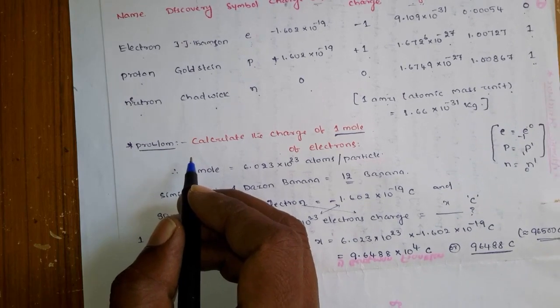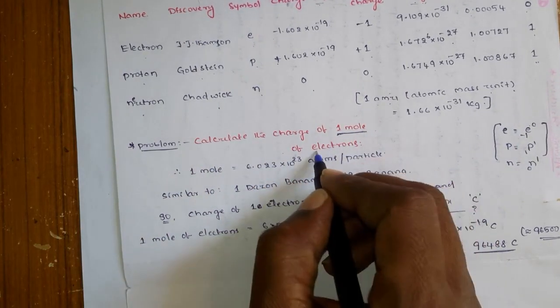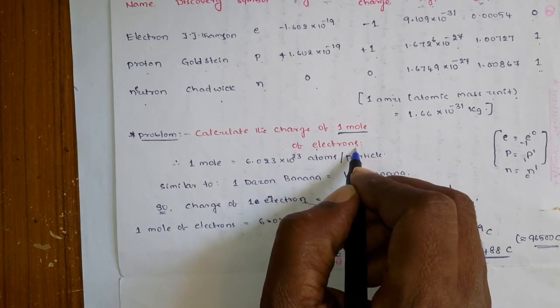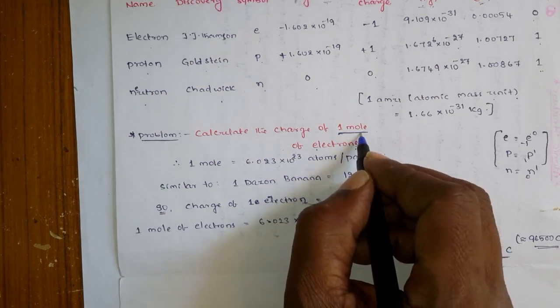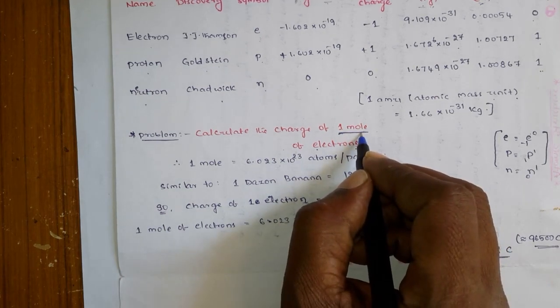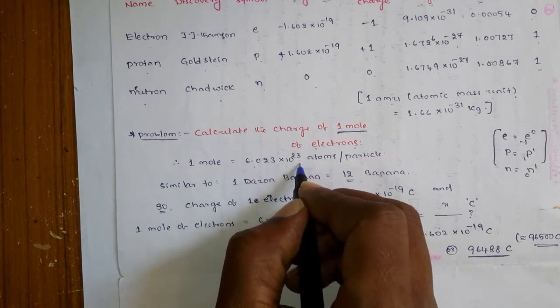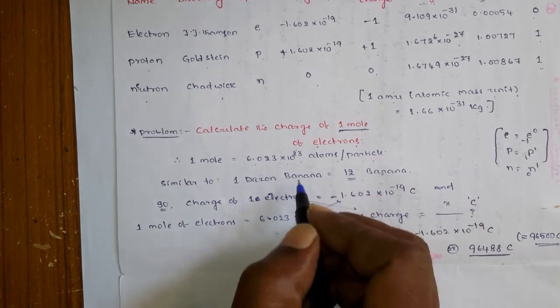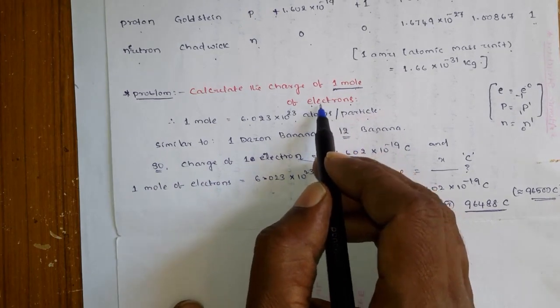And there is a small problem in the textbook, that is, how can you calculate the charge of 1 mole of electrons? For that, what you should know is, what is 1 mole? 1 mole is nothing but 6.023 into 10 to the power of 23 atoms or particles. And now you are talking about the electrons.